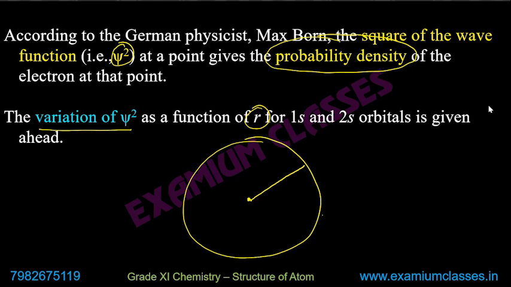But not as an equation. So if we move from the nucleus outward, this is actually the distance from the nucleus. So r here is not the radius, rather this is the distance from the nucleus.